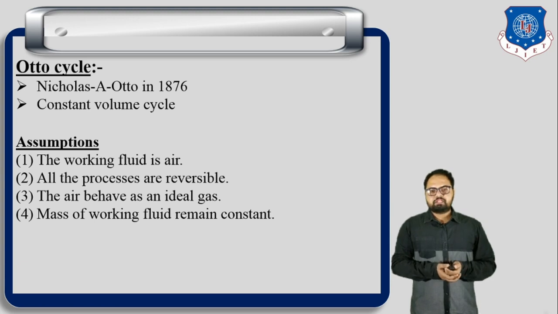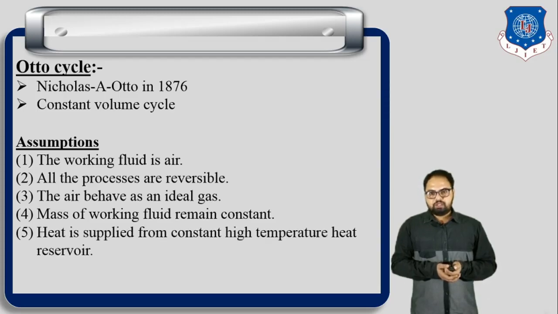The fourth assumption is that the mass of the working fluid must remain constant throughout the process. Heat is supplied from a constant high temperature heat reservoir, and during this transfer some amount of heat loss may occur. These are the assumptions taken by Nicholas Otto for understanding the Otto cycle.